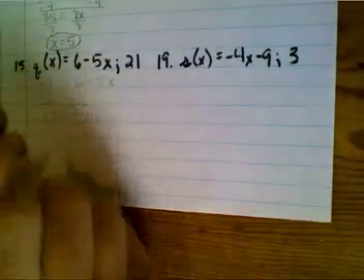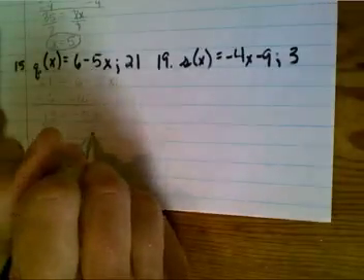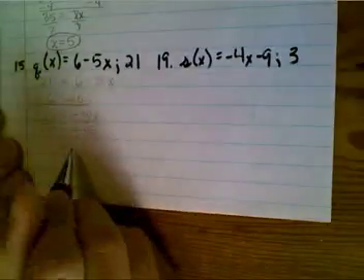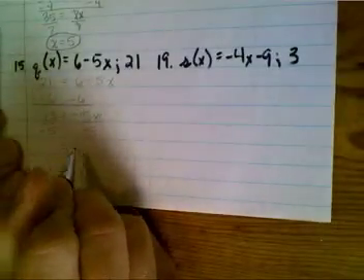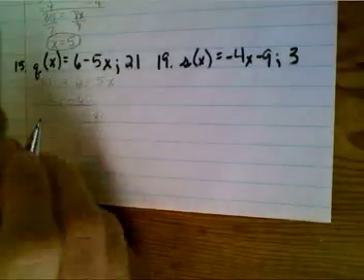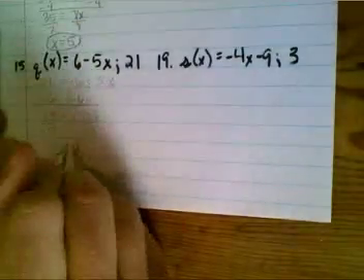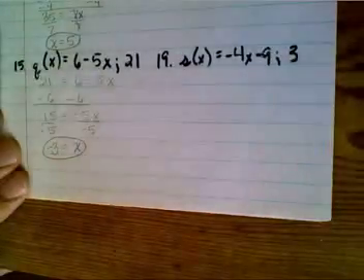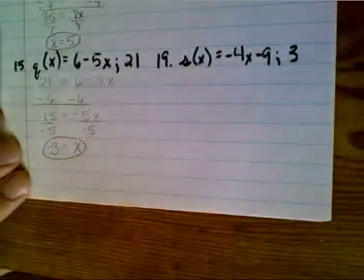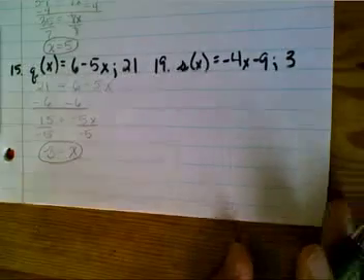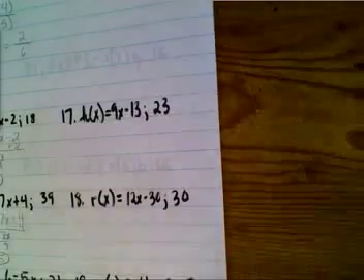And this gives us positive 1x here, because negative 5 divided by negative 5 is positive 1. And negative 5 goes into 15 negative 3 times. And again, I like to just circle the answers to let everybody know that the answer is x equals negative 3. Okay?